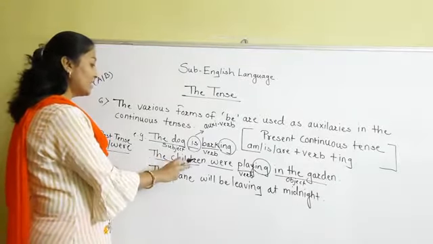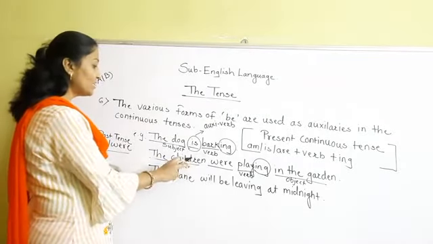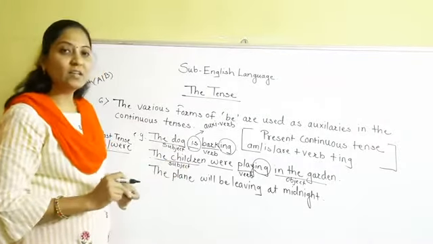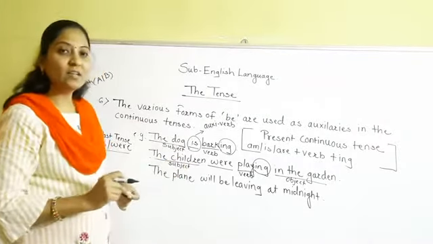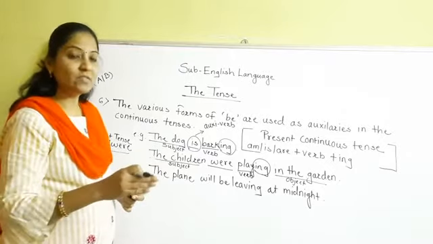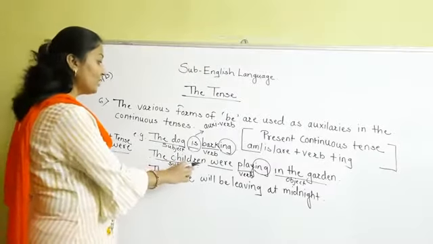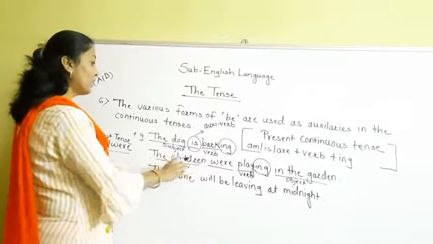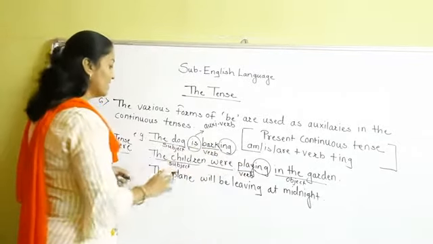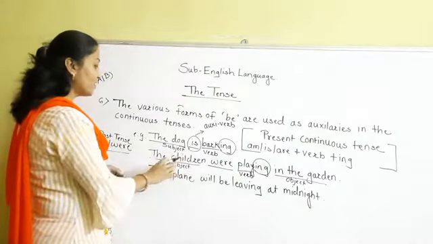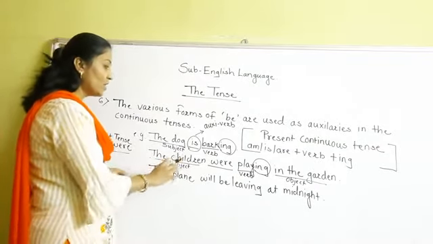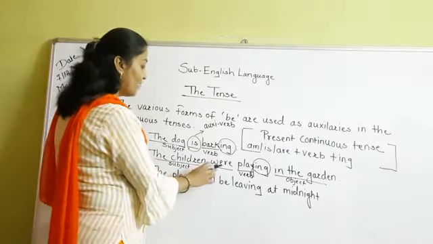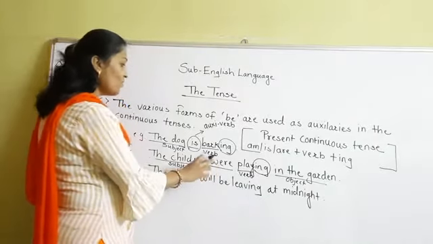The subject we used here is children, and children is used for so many children, means so many small children were playing there. It is plural, so we have used here were.